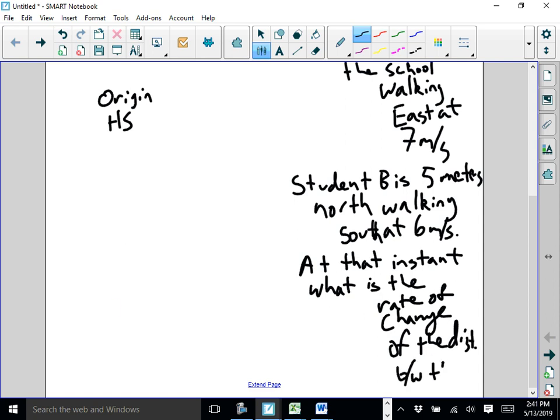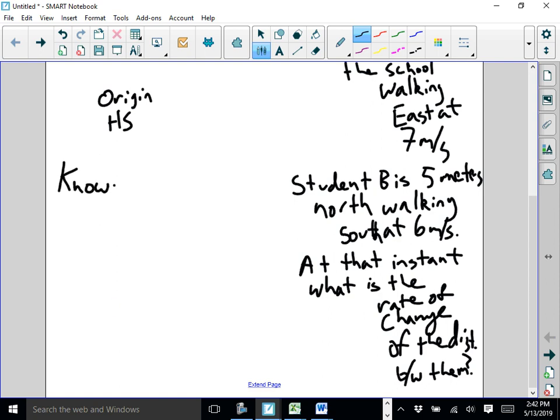Oftentimes these problems are quite wordy, so we have to distill this information into a know column and a need column. Oftentimes drawing a picture will help you. So let's think about what we know and put it in a picture.